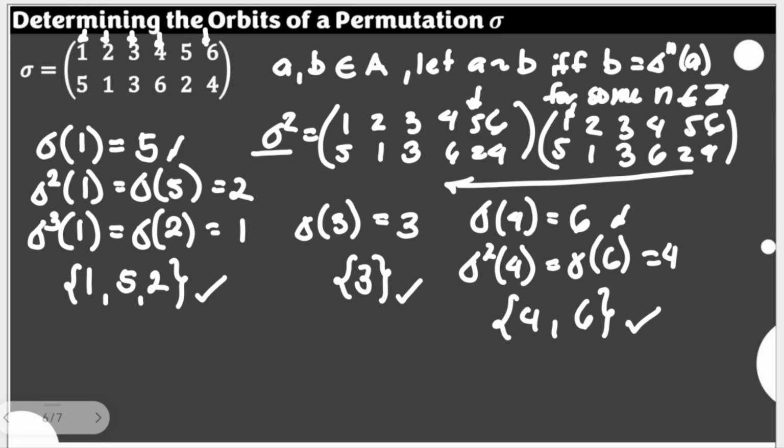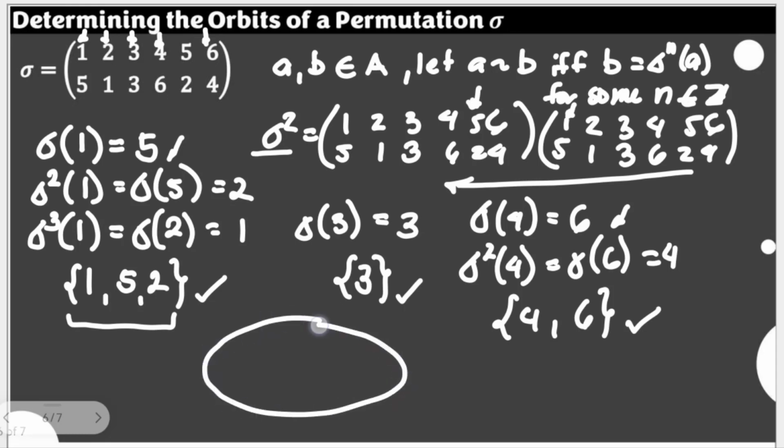Disjoint sets, in the sense that they do not share any element. If I talk about an orbit like 1, 5, and 2, it will just revolve around these 3 elements, and it will not touch other elements. In other words, the elements 1, 5, and 2 will not appear in other orbits. So you have 1, 5, and 2; 3; and 4 and 6. We can even illustrate it like this.